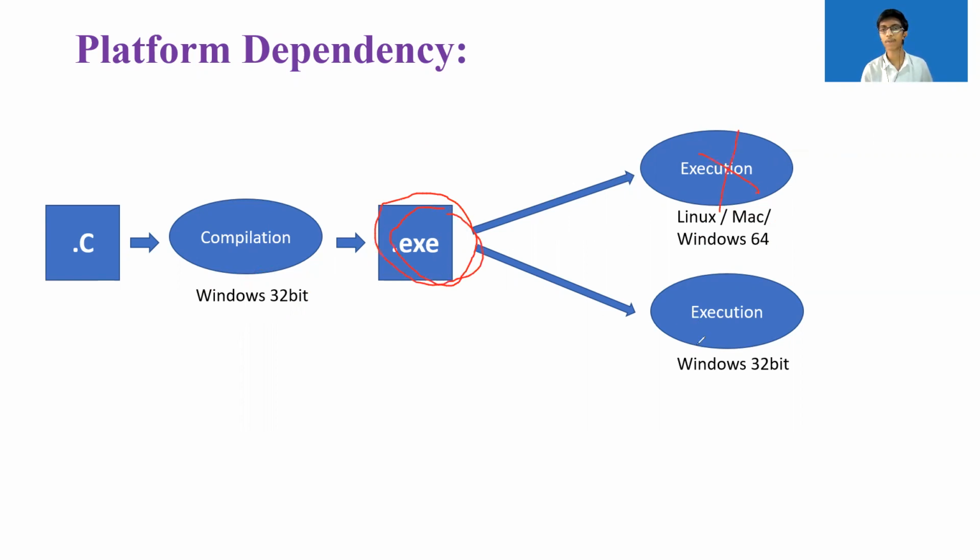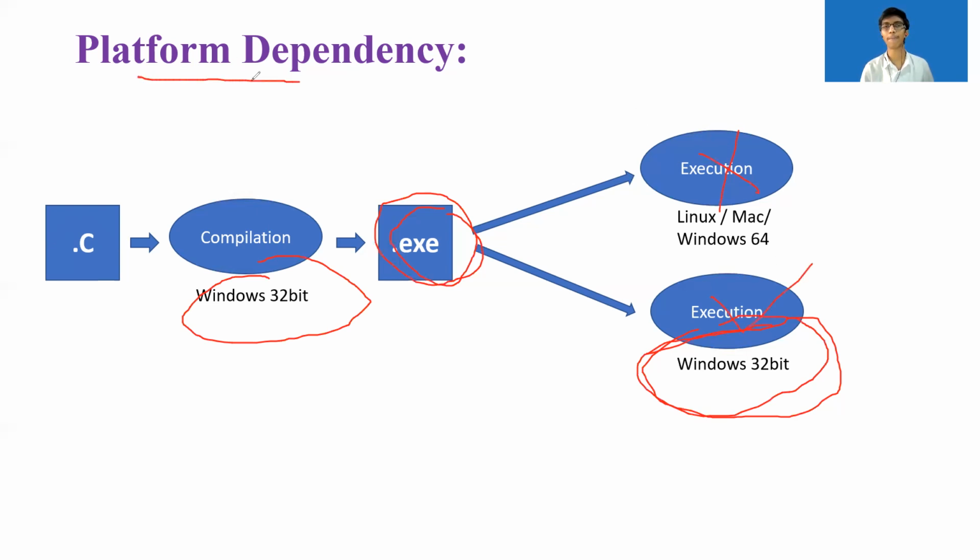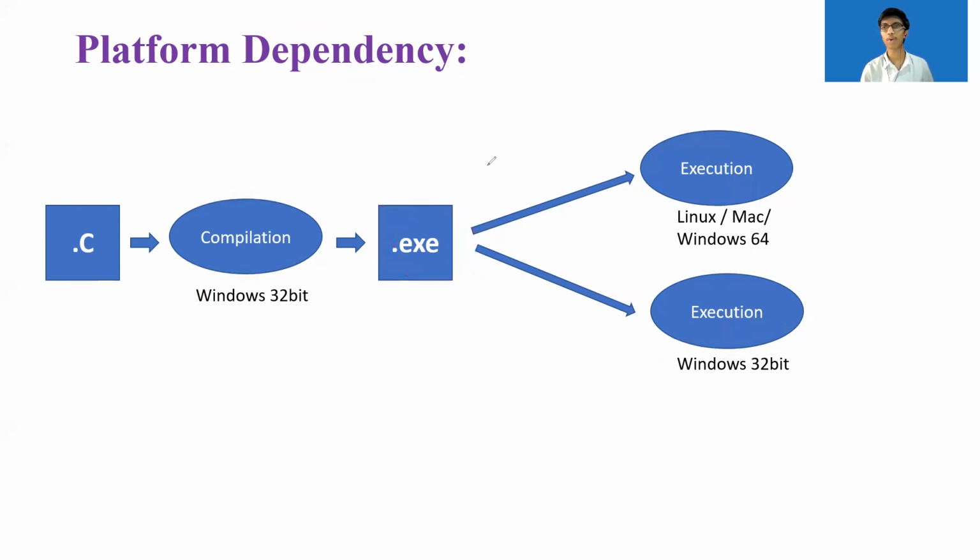But if you use the same platform, whatever developing platform you have taken, if you are trying to execute over the same platform, it can execute. So that is what we call platform dependency. It will depend on the platform. It will run over a single platform only. Whatever platform you use for developing, it will execute on those platforms only. Other than this, no other platforms will be supported.